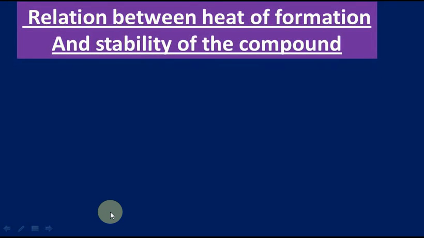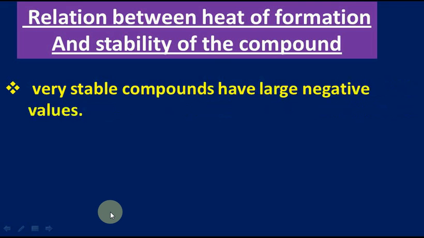What is the relation between heat of formation and the stability of the compound? There is a relation between them. I can call a compound stable or unstable by calculating its heat of formation. These are 3 notes. Very stable compounds have large negative values of heat of formation.